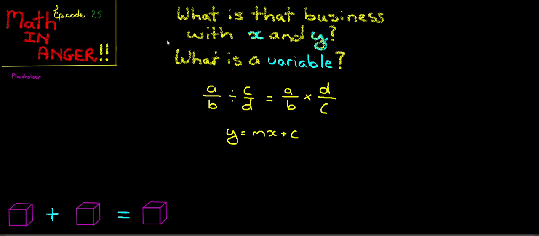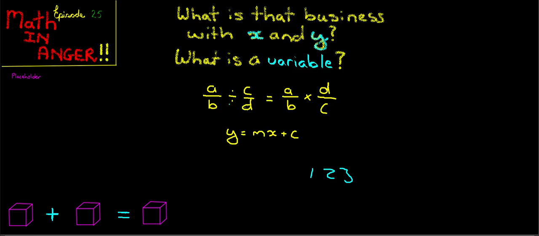Don't worry, I'm not going to be preaching at you in this episode. But we're going to be looking at what is that business with X and Y. Because you get to grade 7 and they start writing this stuff on the board, and you're all confused: hold on a second, why do I need to use the alphabet now? Aren't we supposed to be talking about numbers?